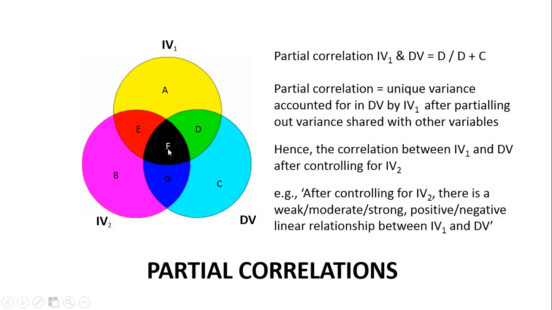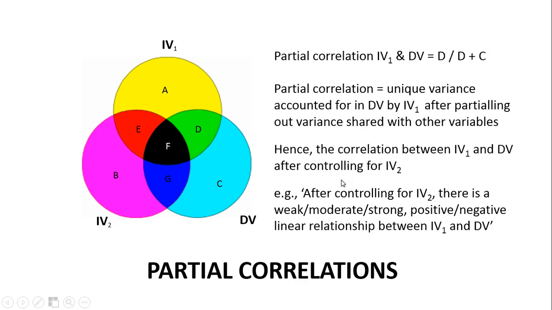This means that you end up with a different denominator for each variable. So the partial correlation for IV2 would be G over G plus C. So this makes it difficult to compare the partial correlations. Okay.